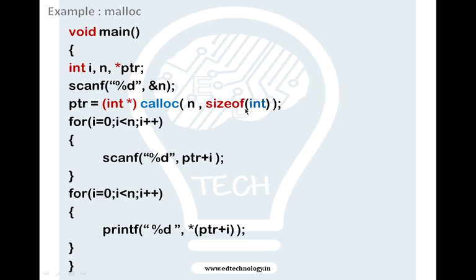So what happens is when we declare this particular statement, if n is equal to 3, and an integer in my system is taking 2 bytes, then total memory allocation will be 6 bytes. Alright? Is it clear? And that is what happens. Let's say n is something which we are taking as 3 again, as I said, size of integer is 2 and then it allocates the 2 bytes.